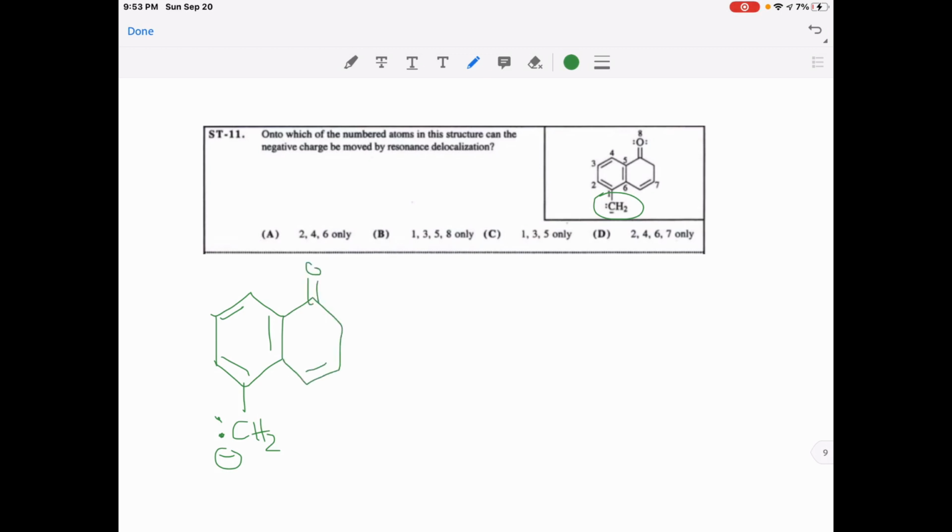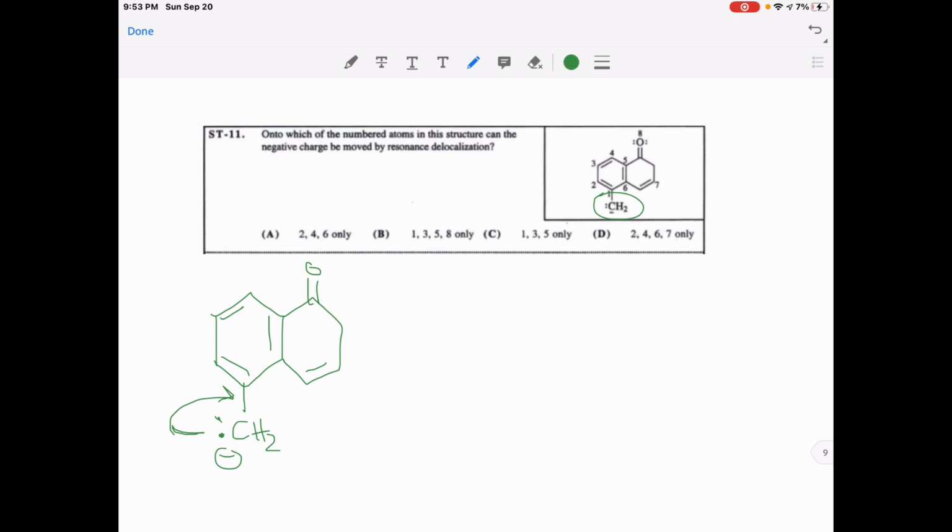And let's say that we move this lone pair here. Well, now that we have this lone pair here, which is going to form a double bond, we have to move this double bond to another location in order to prevent the octet rule from being violated. So we have two choices.